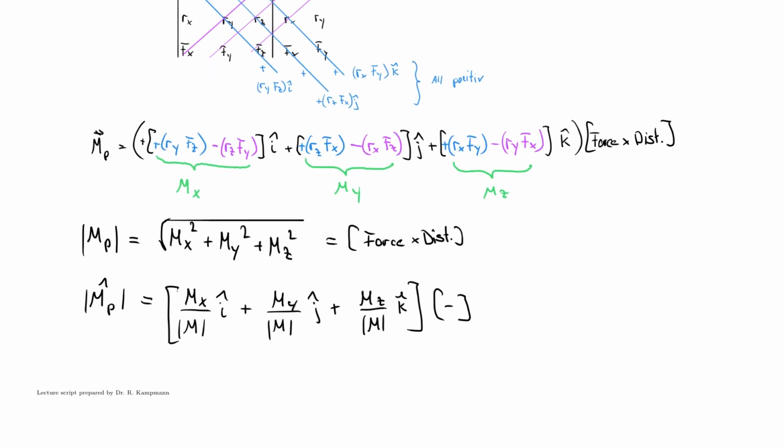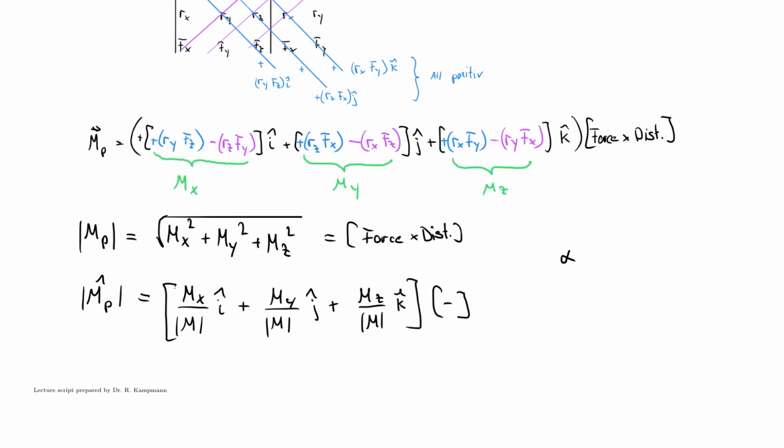Last but not least, let's talk about the fact real quick that you can also calculate alpha, beta, and gamma, which is the direction of these different moment components, and there's nothing different than before. So we have the cosine inverse of what, mx over m, which you can tell comes directly from the unit vector, right?